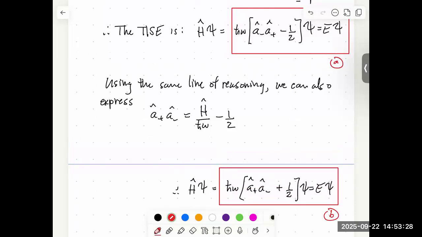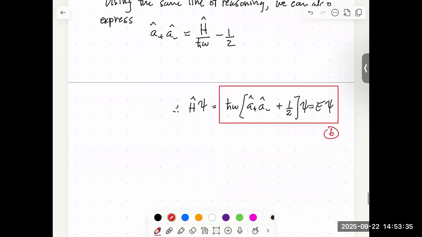So in fact, what I'm going to do is take the difference between A and B. If I look at equation A minus equation B, it's going to be equal to h bar omega times, equation A was a-minus a-plus, and then minus 1/2.